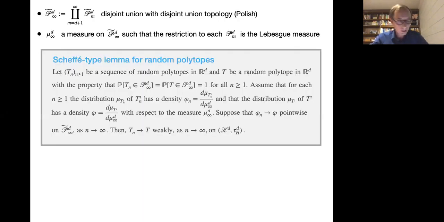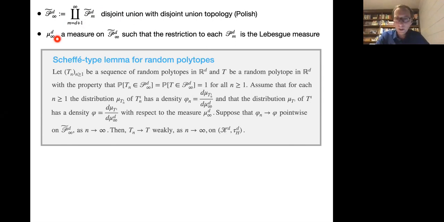Okay, so let us recall that we have this disjoint union with the disjoint union topology. Each of these spaces is a Euclidean space and it carries a very natural measure, namely the Lebesgue measure. Since this is a disjoint union, you can also glue together all these Lebesgue measures.